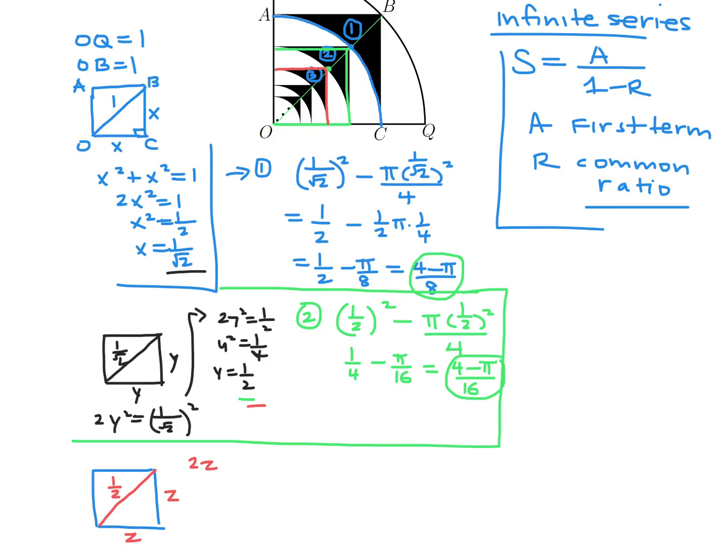And then again, 2z squared would be a half squared. Correct? So 2z squared, so z squared is 1/8, and then z is 1 over root 8.